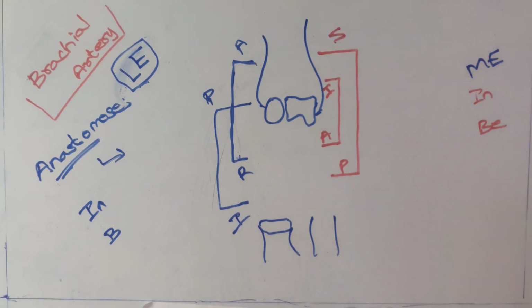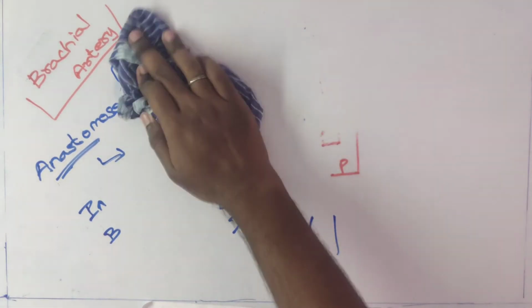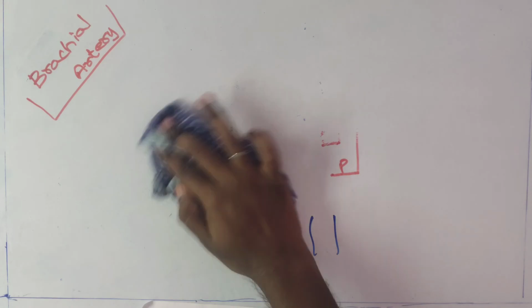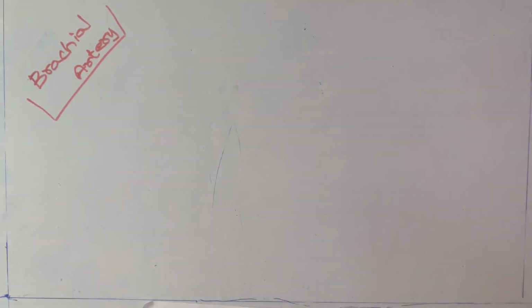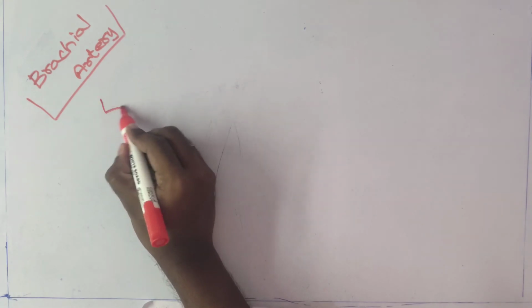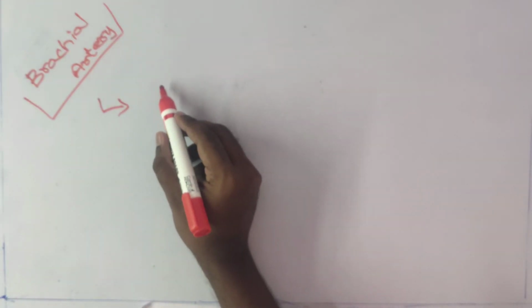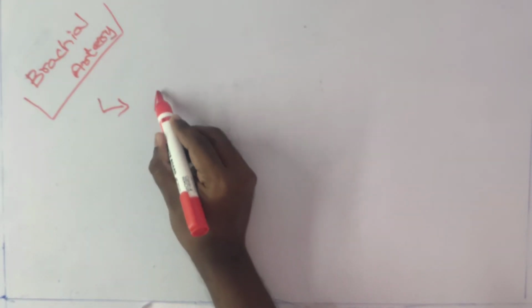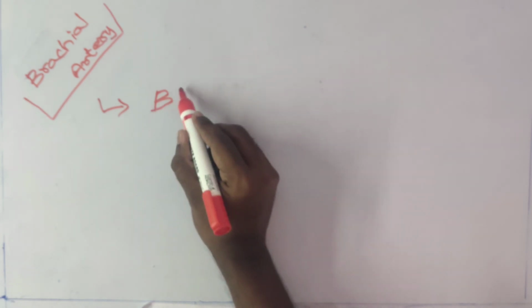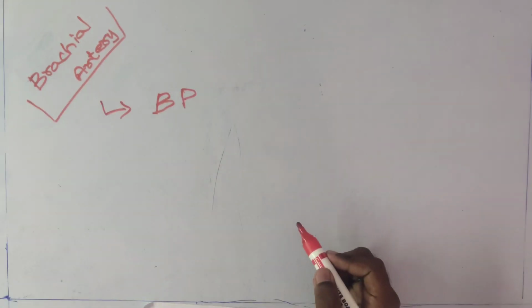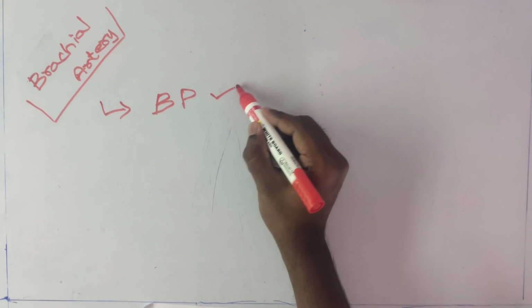Now coming to the clinical anatomy of the brachial artery. From the brachial artery we measure blood pressure, BP.